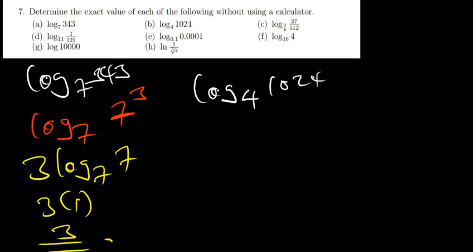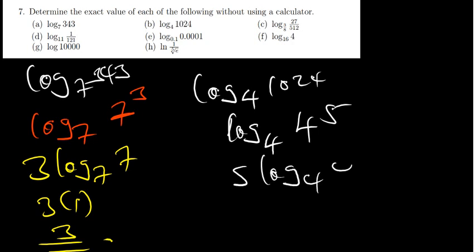So in short, 4 is raised to the power 5. So I'm going to say log base 4 of 4 to the power 5. I shift the 5 to the front, log base 4 of 4 gives us 1, and without using a calculator, our answer is 5.